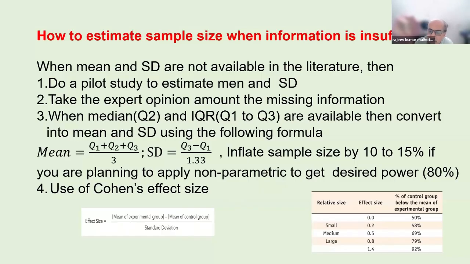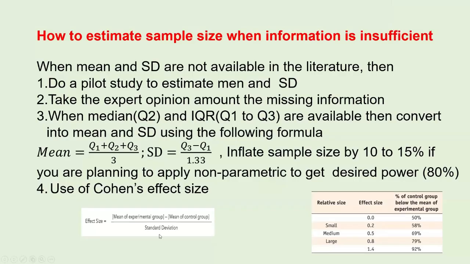So here they give the ready-made effect size. There is no need for the mean and standard deviation. You just put the effect size in the sample size formula and it will calculate the sample size. But it is ready-made. If nothing is available, then you go for this. Okay.